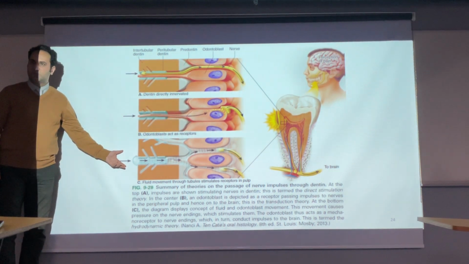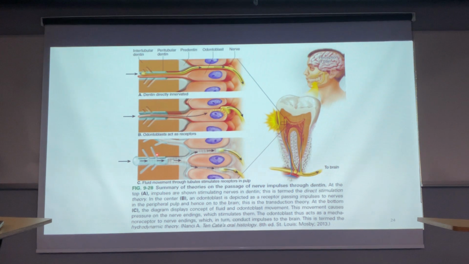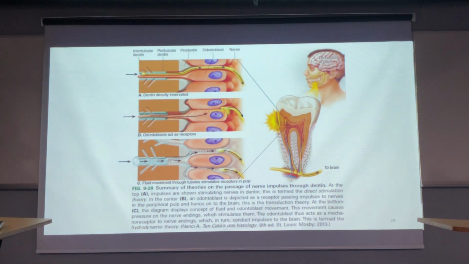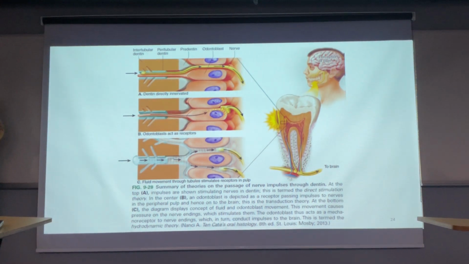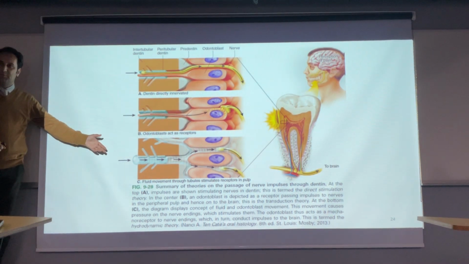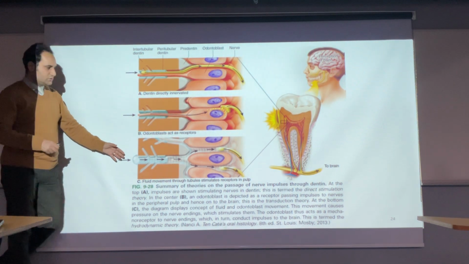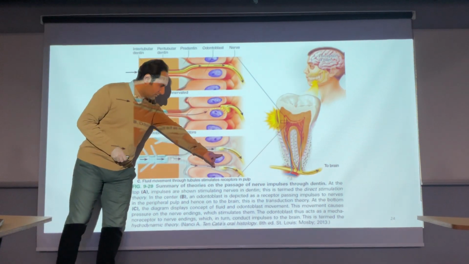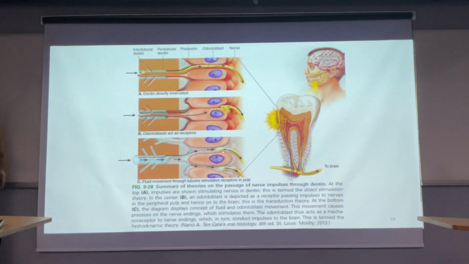But the third theory says that a hydrostatic pressure change in the volume of the dentin fluid or lymph fluid, present in the dentin or in the space between the odontoblastic processes and peritubular dentin, can stimulate the nerve fibers present between the odontoblasts in this part.